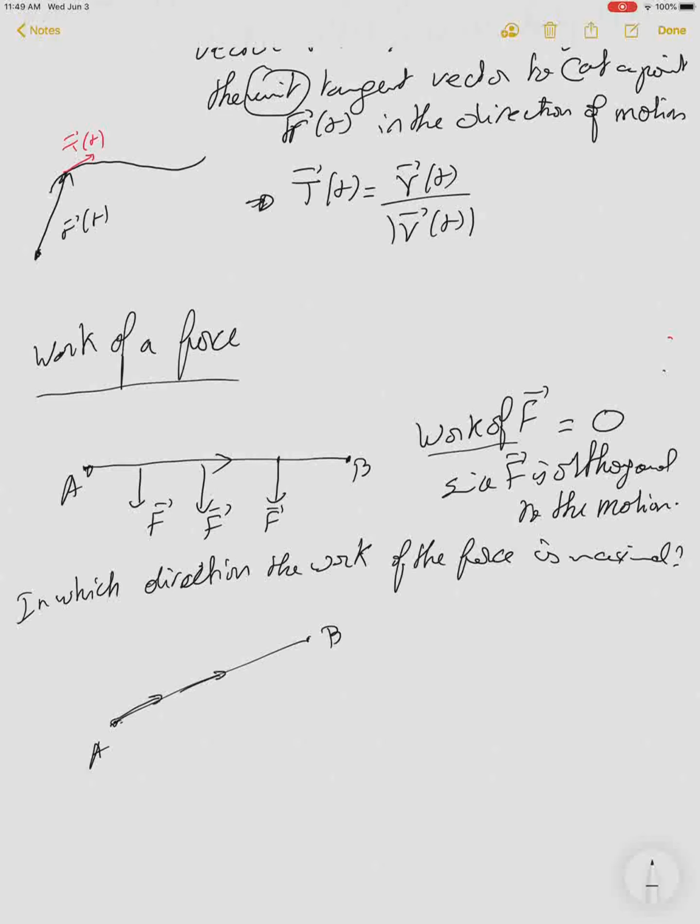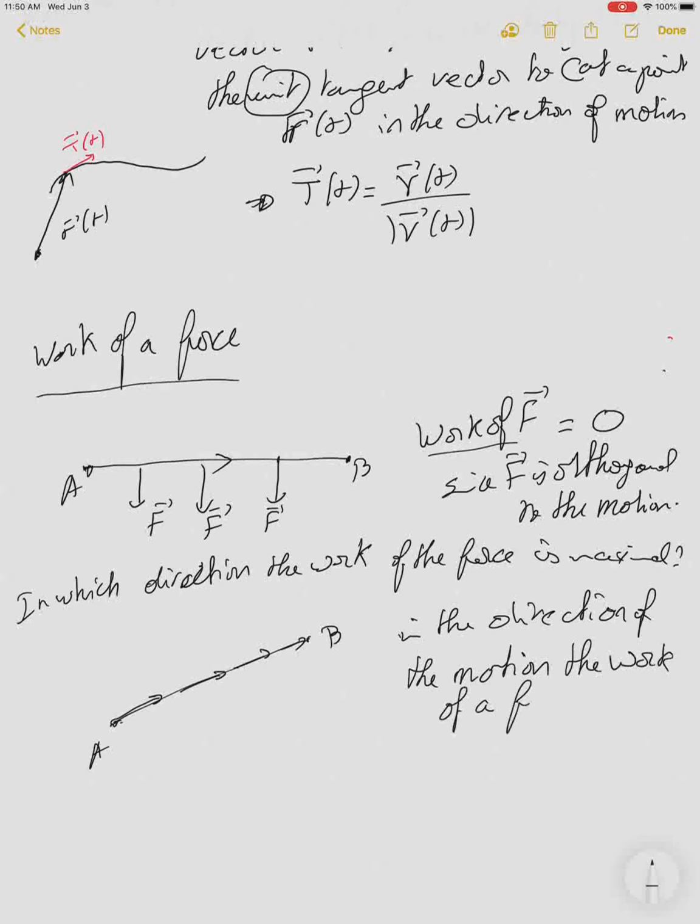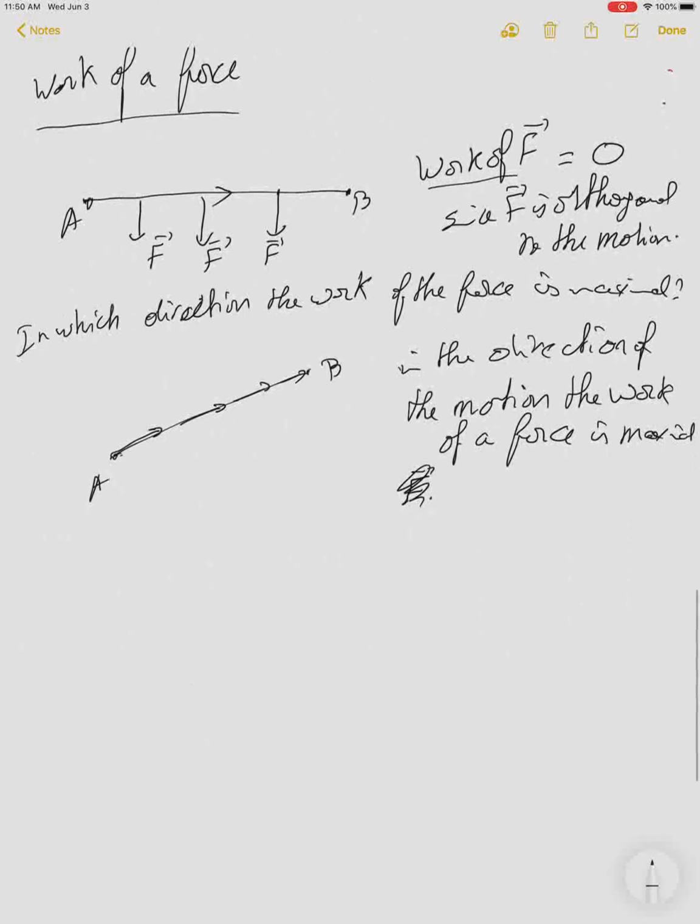It is if it is collinear, in the direction of the motion. Let's say the force is constant, and then the work of the force will be F. Oh well, maybe let's skip it till a bit later.